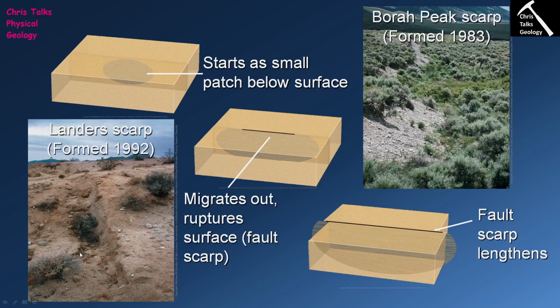And so not all faults will have a visible fault scarp. Typically, the fault scarp for a fault is most visible pretty much as soon as the earthquake occurs. That's when it's going to be at its newest, it's going to be at its most obvious, and then over time that fault scarp will steadily either be eroded away or filled in, and it will get lost until the next time the fault moves.